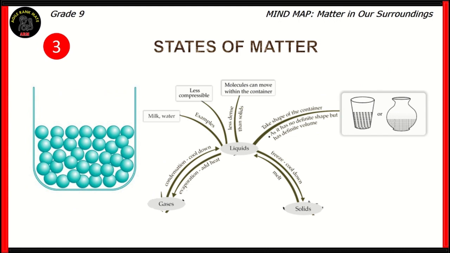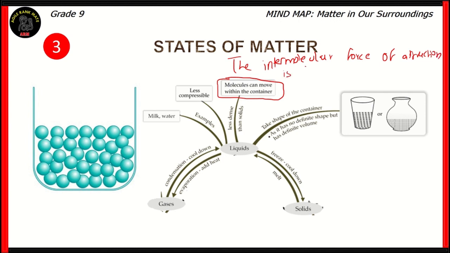Now look at part number 3, which is the second state of matter, which is liquid. For liquids, we can say that the molecules can move within the container, or we can say the intermolecular force of attraction is more than that of solids and less than that of gases.